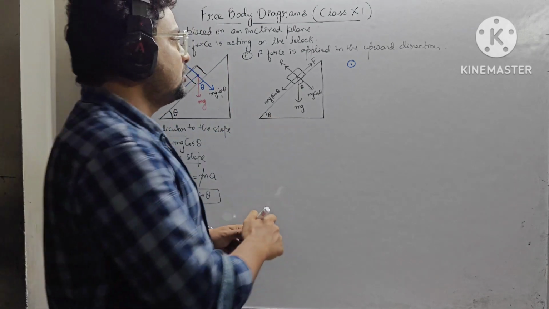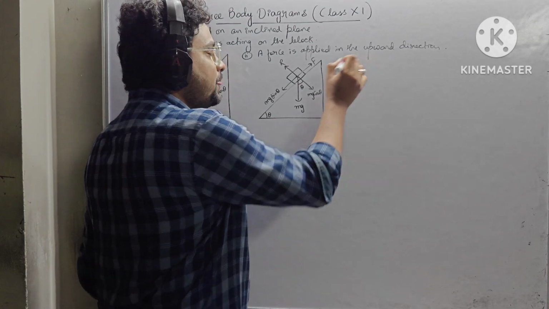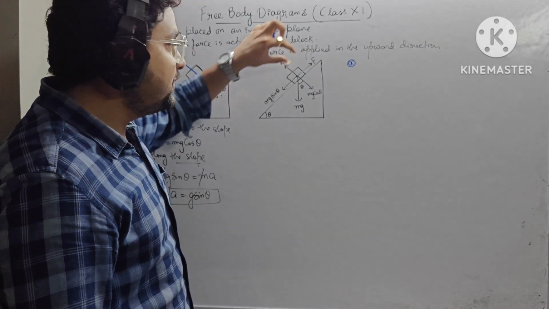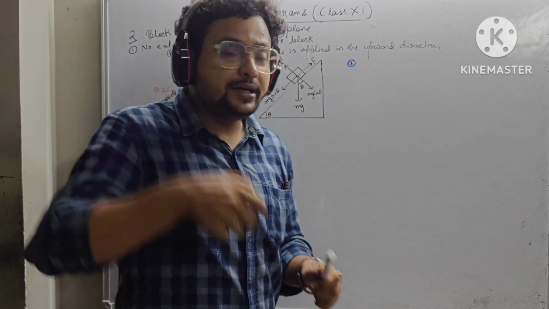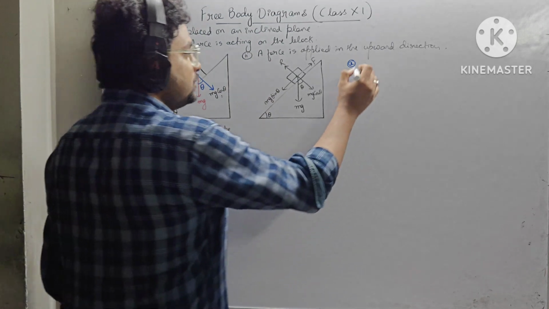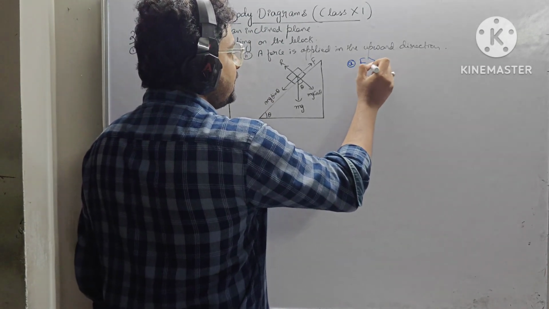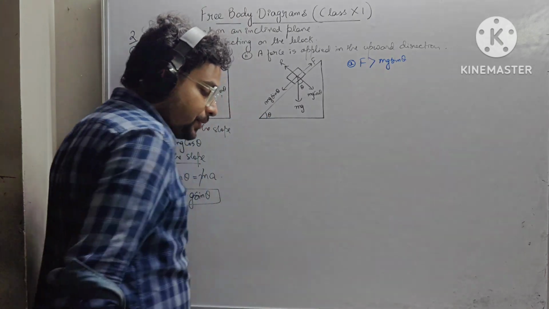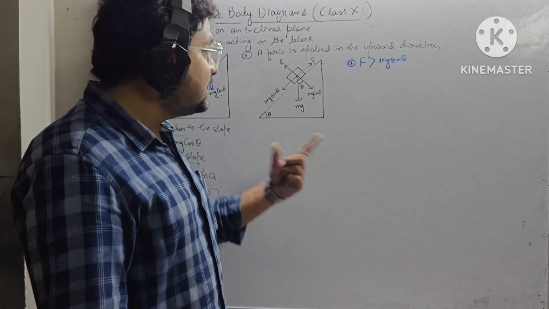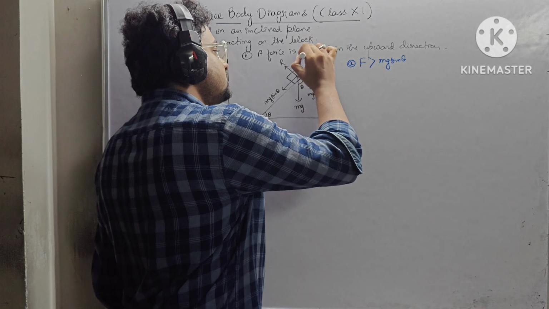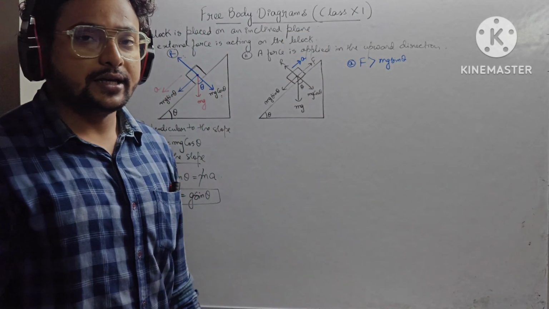Case A I am writing. If the force which I am applying is greater than mg sin theta, in that case what will happen? If F is greater than mg sin theta, then the body is going to accelerate in this direction.